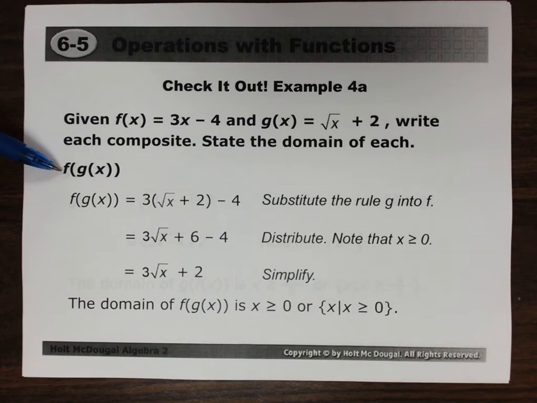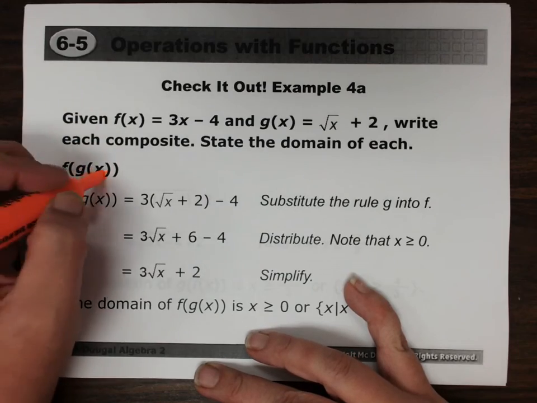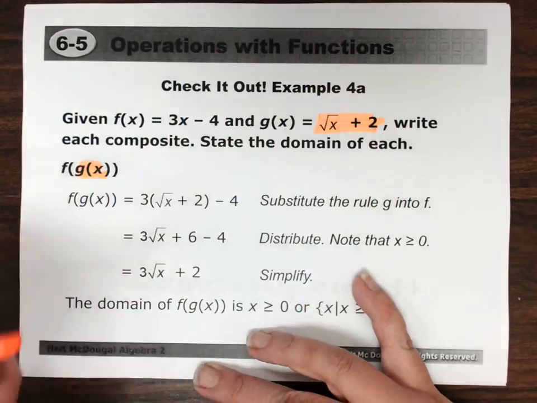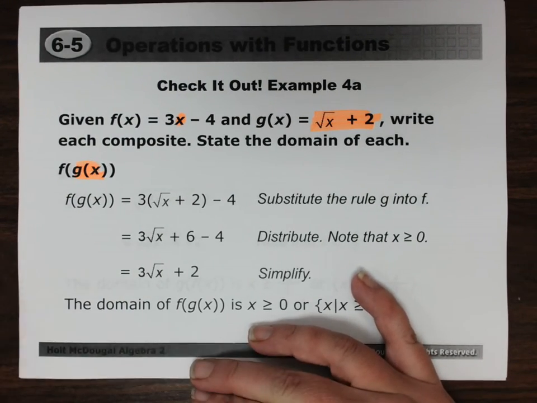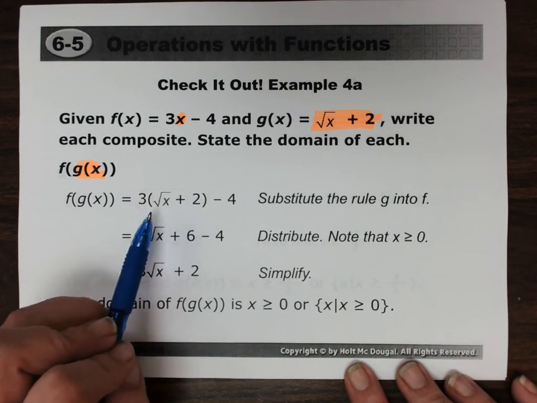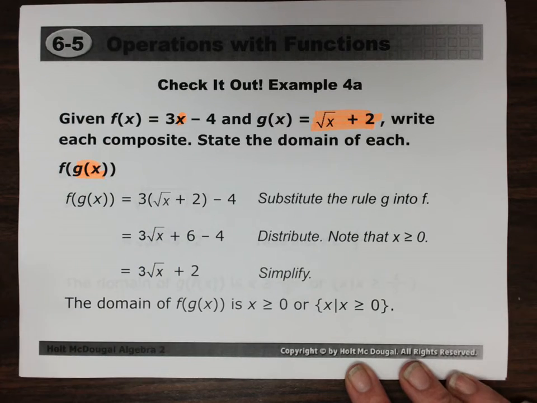So first we want to take the function g of x, right? Whatever is inside of the composition notation, which is this equation here, we need to plug it in where there's an x in the other equation. So if you notice, now we've got 3, and instead of x, we've written this entire equation, the square root of x plus 2.